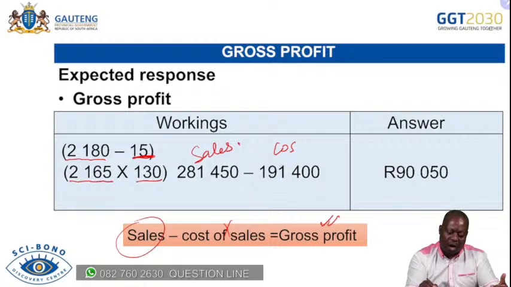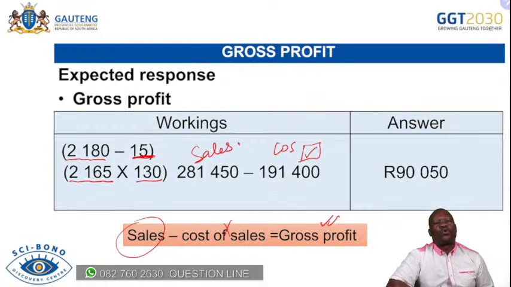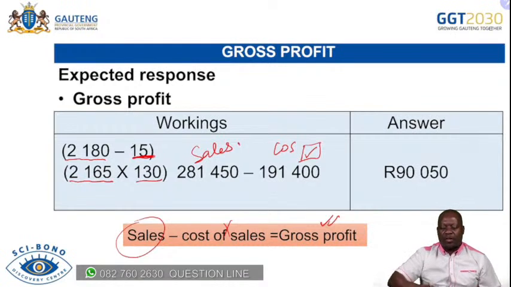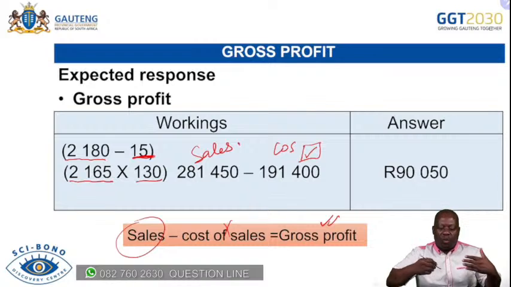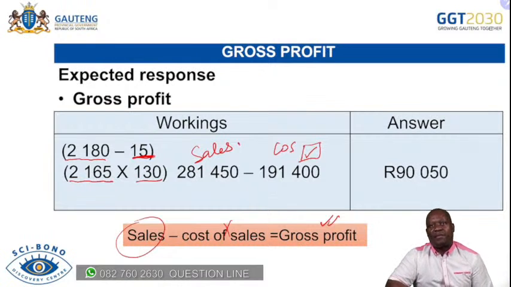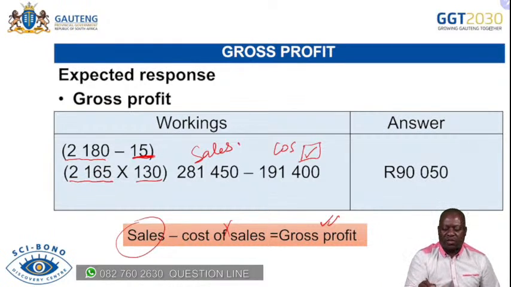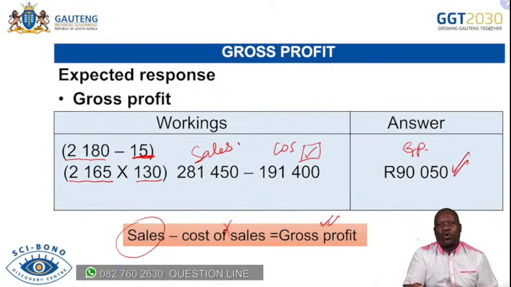Even if it's wrong from the previous question, we are going to award you the mark because you are doing the correct thing. We are worried more about the method than the accuracy. And then sales minus cost of sales gives us our answer, and that is the gross profit. We have managed to calculate gross profit.